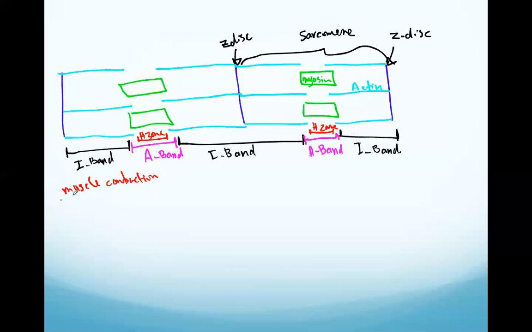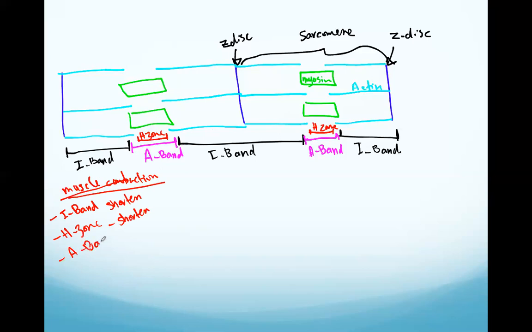So if you're looking at the effect of muscle contraction at the most basic level, what we have here is your I band, which is actin, is going to get shortened because again, it gets pulled into your myosin. The H zone, which was also only pure myosin, now has overlapping actin, so that area also shortens.